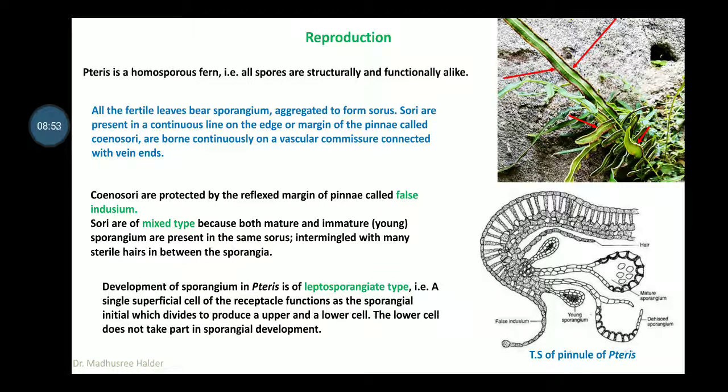The development of the sporangium in case of Pteris is of leptosporangiate type. When a sporangium develops superficially from a single cell, it is considered to be leptosporangiate type.